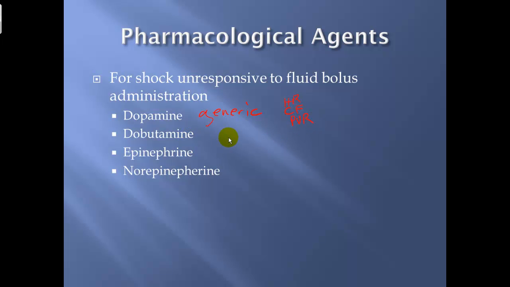Dobutamine is utilized for the normotensive patient that is experiencing pulmonary edema. Dosing for both of these is 2 to 20 mcg per kilogram per minute.